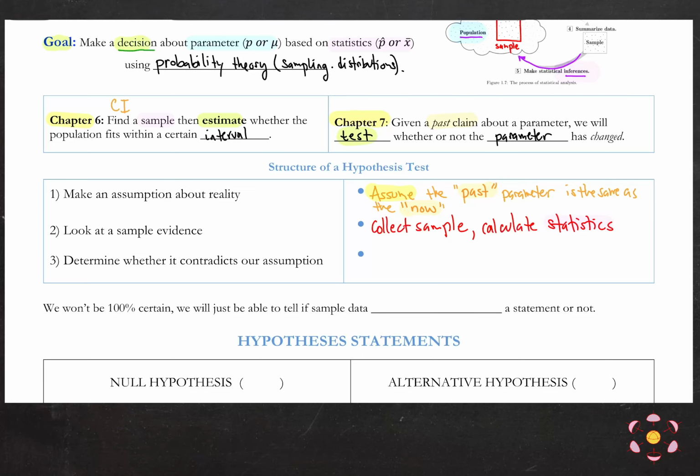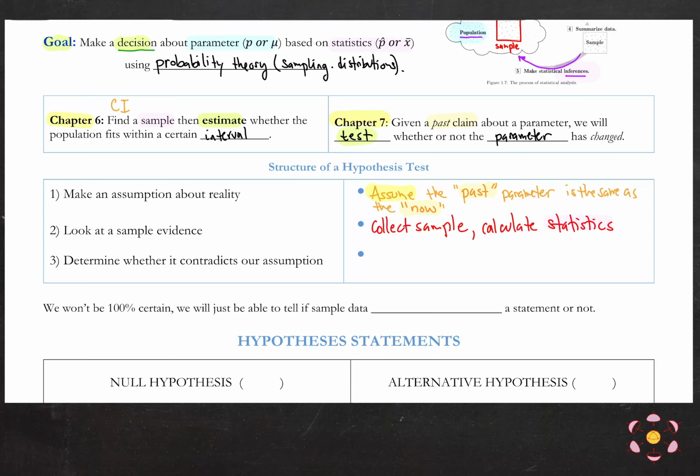Okay, in our example here, if we want to know whether the proportion of Mount SAC students who love dogs, okay, we're going to start with the assumption that now it's the same 80% as it was 5 years ago. Okay, but let's say I go out and I collect a brand new sample and calculate the proportion from that sample. That would be p hat.